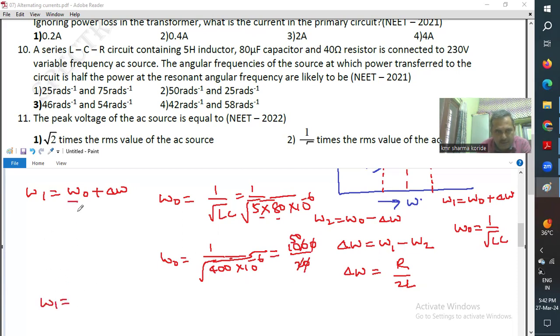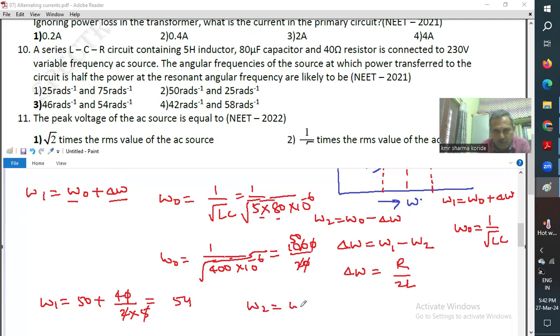In the first case, omega 1 is equal to 50 plus delta omega, which is R by 2L. R given in the question is 40, divided by 2 into L, and L is 5. So this is going to be 4, and 54 in total. So the maximum value is 54, and the minimum value let us look for.